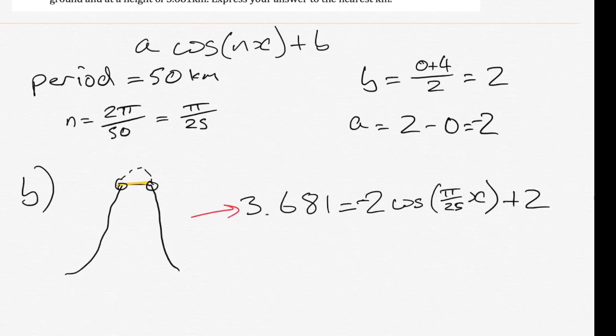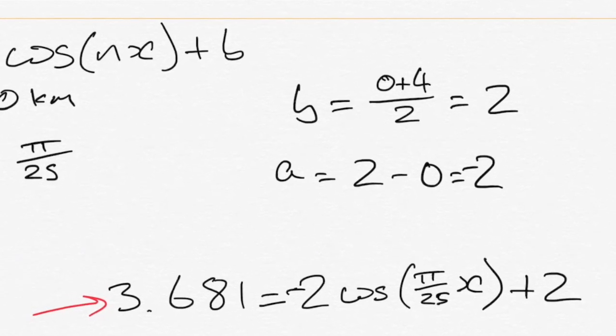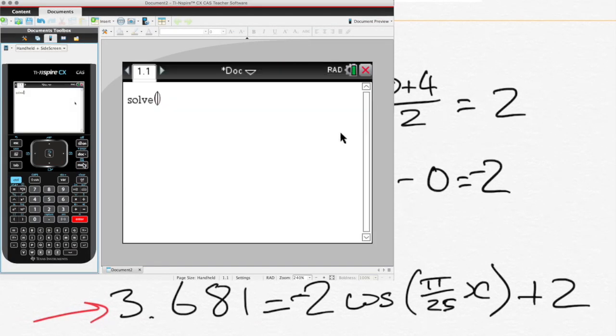So this line of working here is incredibly important. But on our calculator, I'm going to type in solve 3.681 equals negative 2 cos pi on 25 x plus 2. We're solving it for x, and we're solving it over the domain. We know that since we're going from 0 to 50 on our graph, our domain in our calculator is between 0 and 50.